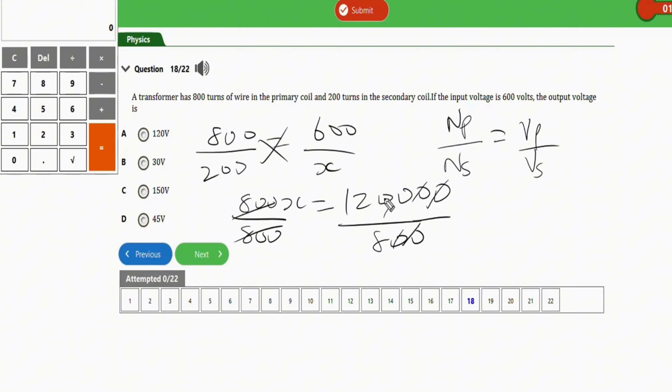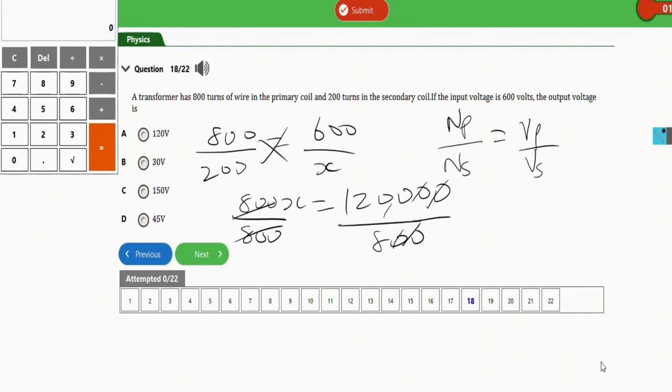Okay, so 1200 divided by 8. Let's check on this JAMB calculator. 1200 divided by 8, so we have the output to be 150. The right option is option C. Okay, 150 volts is the secondary voltage.